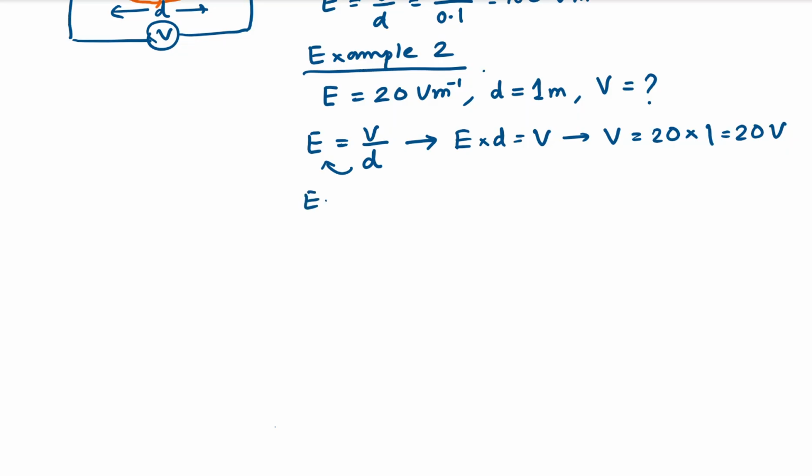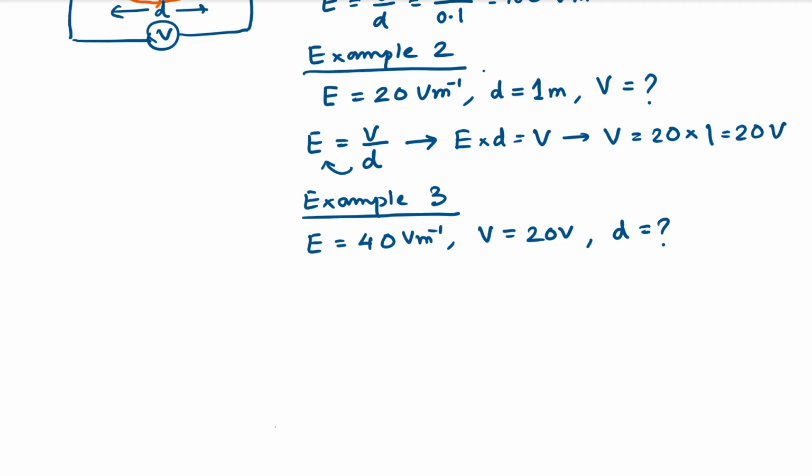And we can look at a third example where we'll calculate, let's say, the distance between the plates. And we know the electric field strength. It's, let's say, 40 volts per meter. And we also know the voltage difference across the two plates is 20 volts. And we have to work out how far away the plates are.